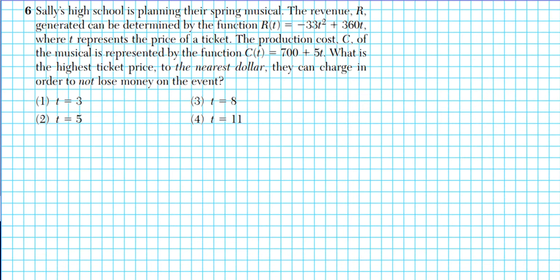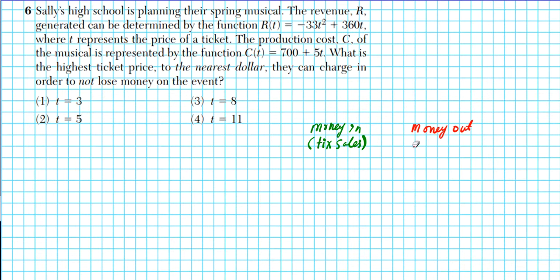Now let's take a look at the following setup. We have money. Let's do money coming in. So money coming in is from what? Money in is your revenue from ticket sales. Okay? That's the money coming in. And you have money going out.